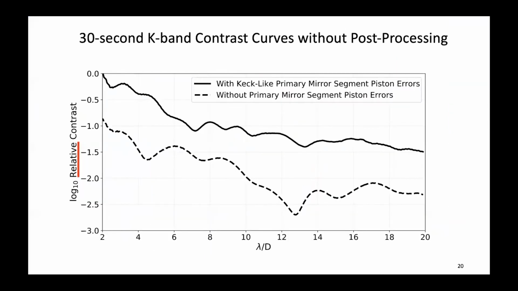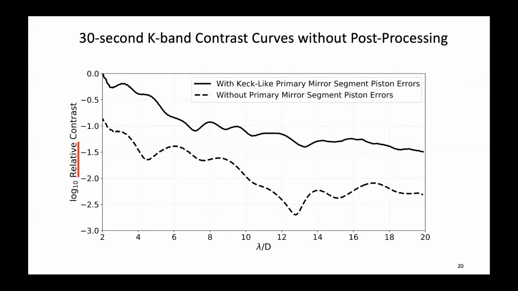Okay, so now what I want to illustrate here is how the contrast that we predict for PSI changes when you include these Keck-like primary mirror segment errors that we included in the first part of our simulation, compared with no segment piston errors at all. So no errors is that dotted line that you see here.